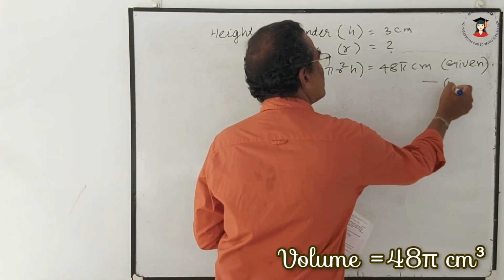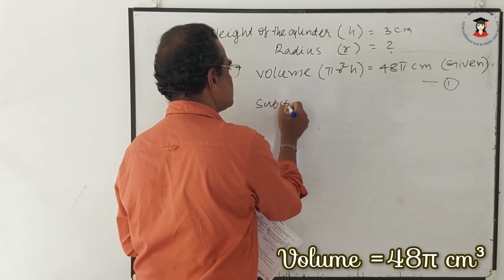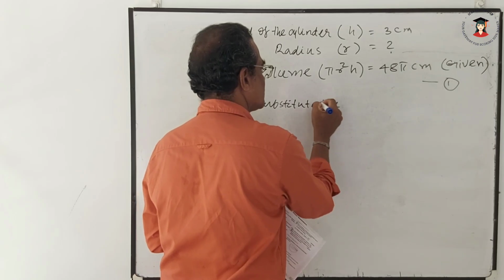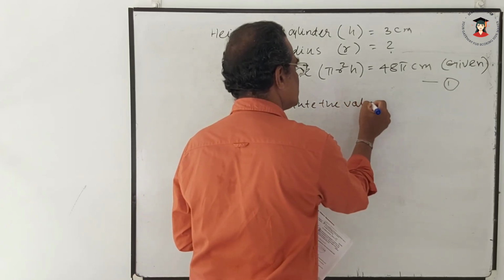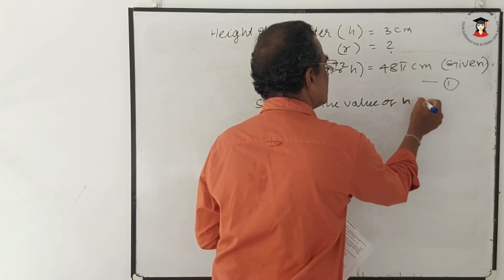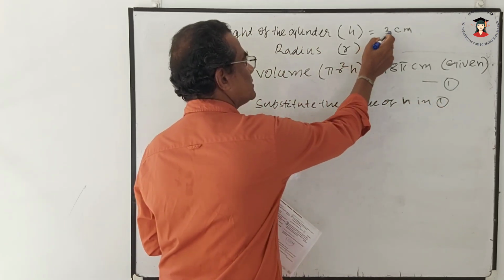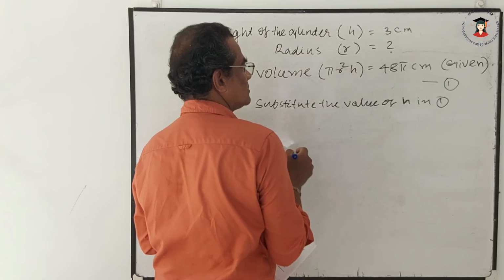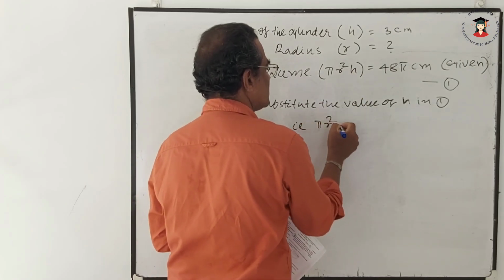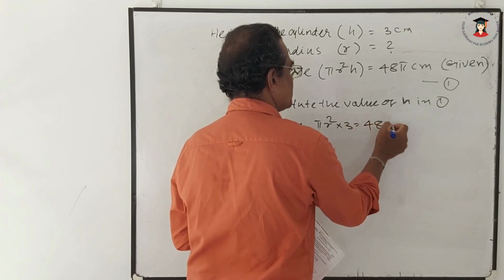This is equation number 1. Now, substitute the value of H in 1. We will substitute 3 instead of H. That is pi R square into 3 equal to 48 pi.